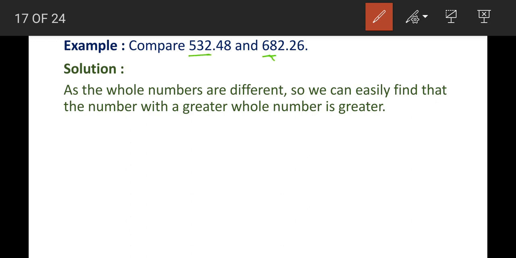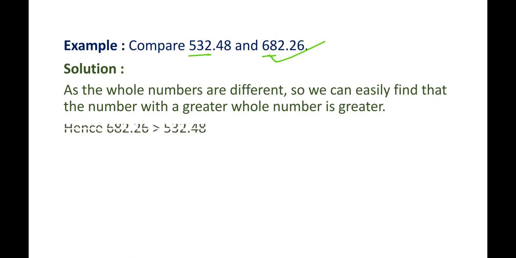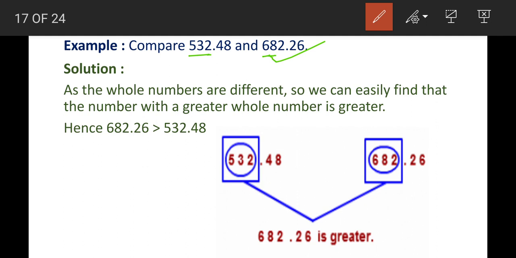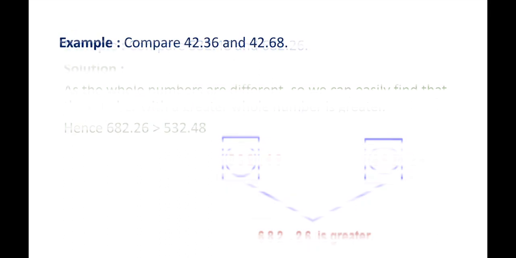Just by comparing the whole number, you can say which decimal number is greater. 682 is greater than 532, so we can say that 682.26 is greater than 532.48. Clear?